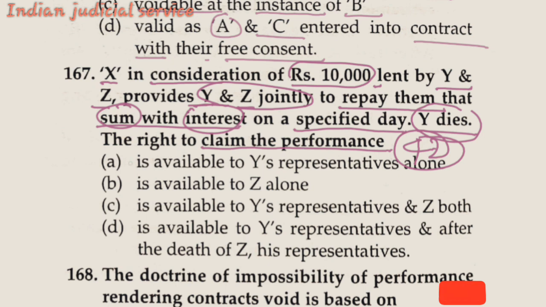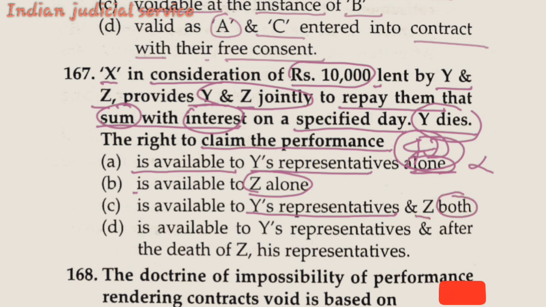So option A: available to Y's representative alone. Option B: there are two parties, so it is not available to Y's representative alone, both parties are responsible there. Option B here: available to Z alone. Option C: available to Y's representative and Z both.